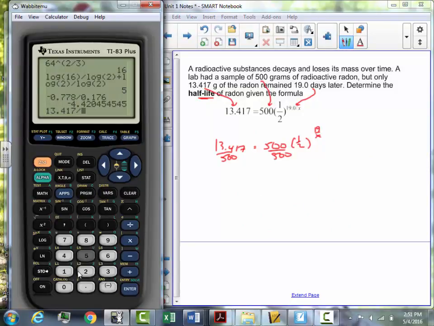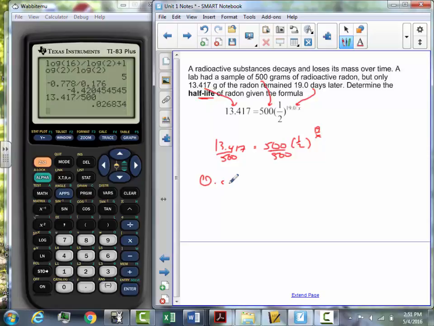3.419 divided by 500 is 0.0268. Okay, 0.026834 equals 1/2 to the 19 over x. Then you could use the trick that I showed you a few minutes ago: let's convert this to a logarithm.